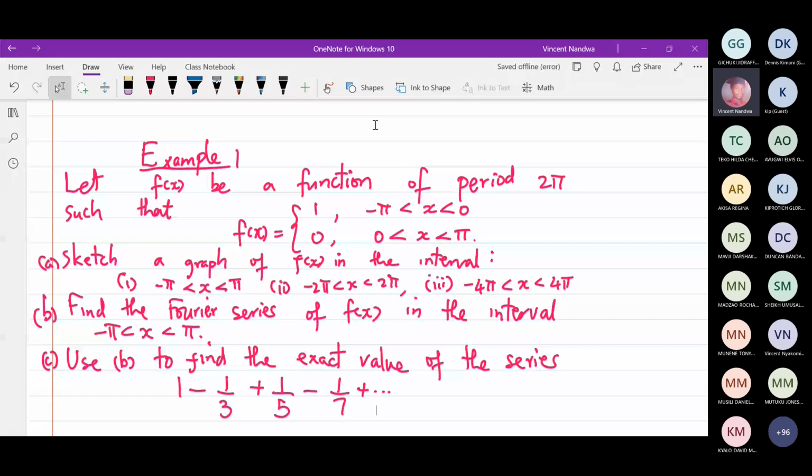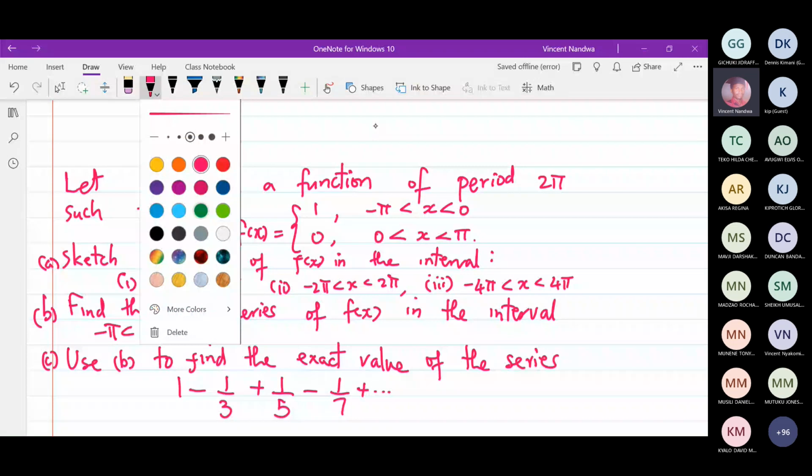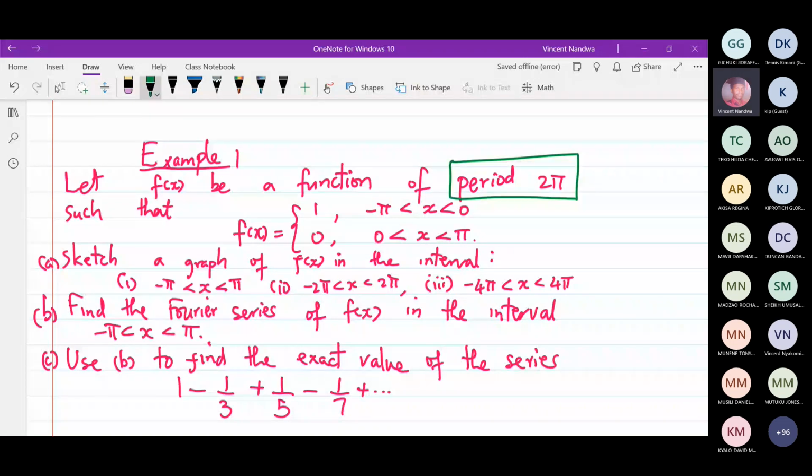So to sketch this graph for x from minus pi to pi, we clearly see that as the function is defined, if we move from minus pi to 0, then f of x takes value 1. And when we move from 0 to pi, f of x takes value 0. So therefore, we can have this, the solution.